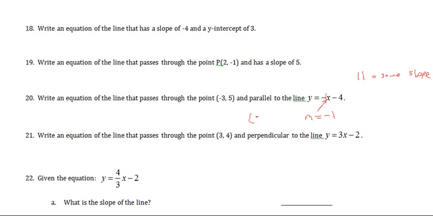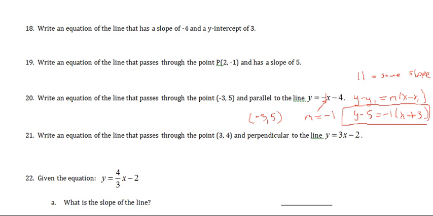And you have this point, which is negative 3, 5. So again, what are we going to do? Well, again, we have our point slope formula. y minus y1 equals m times x minus x1. We're just plugging these three things in. We're going to get y minus 5 equals negative 1 times x minus a negative 3. Remember, a double negative becomes a positive. It asks for just an equation, so let's leave it just like that.